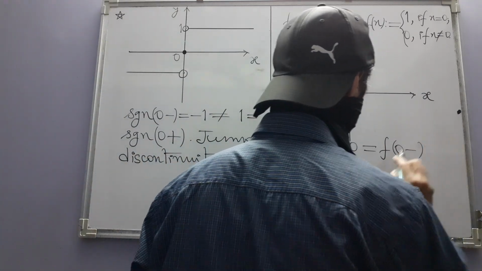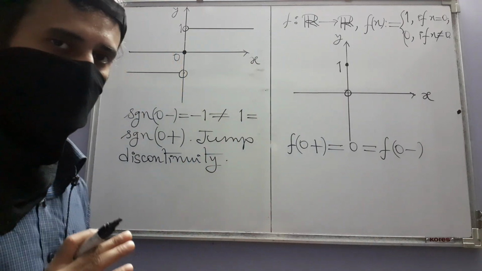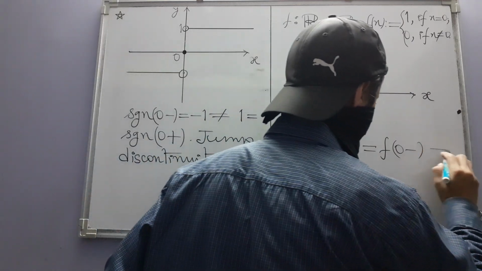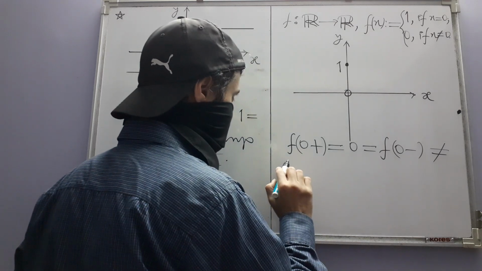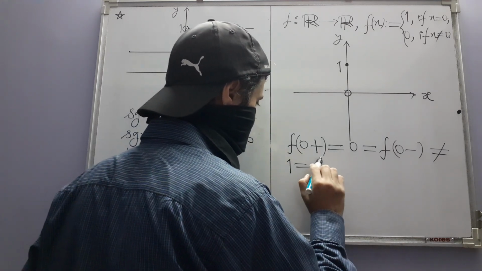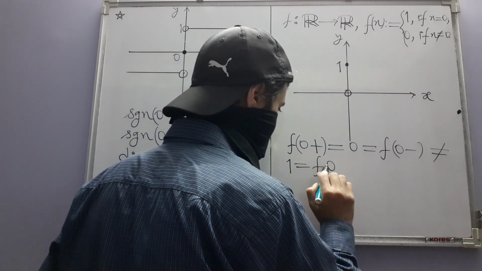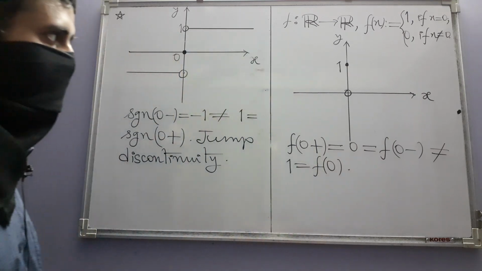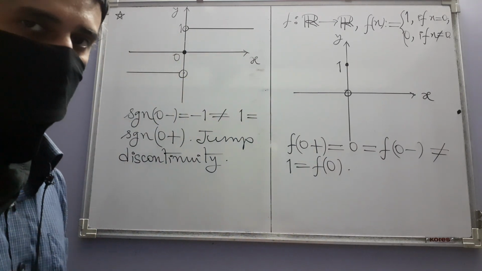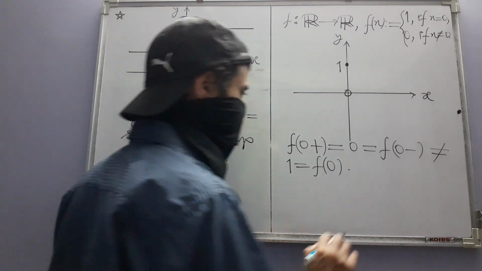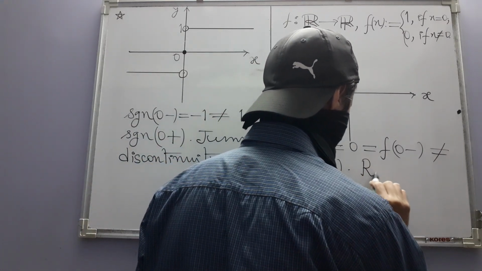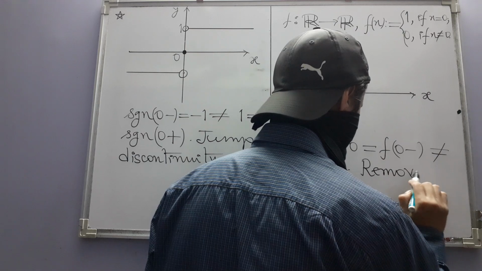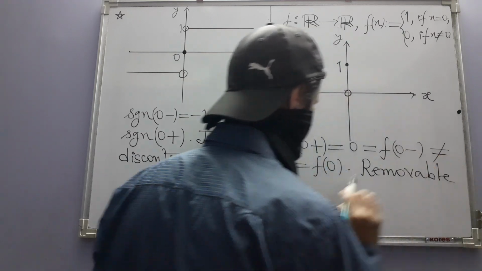But still the function fails to be continuous because they are not equal to 1, which is the functional value. It is another kind of discontinuity, and it's called a removable discontinuity.